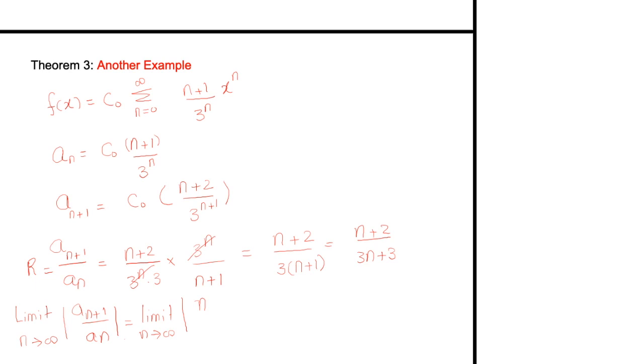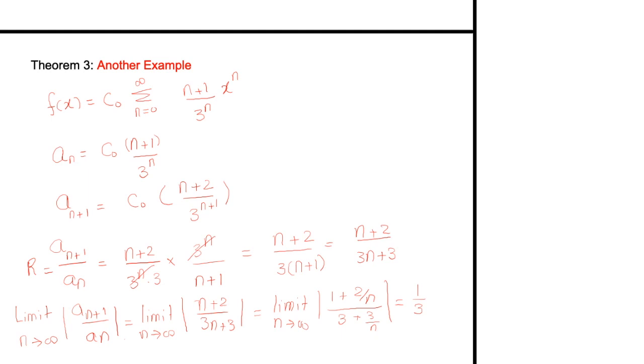If we divide the numerator and denominator by n, we will get 1 plus 2 by n, and in the denominator we will get 3 plus 3 divided by n. Now plug in n tends to infinity and we will get 1 over 3.